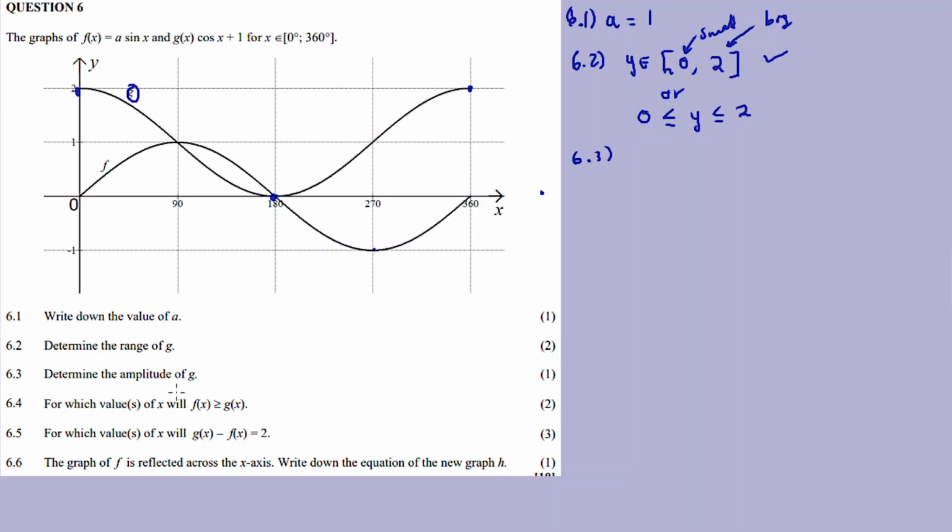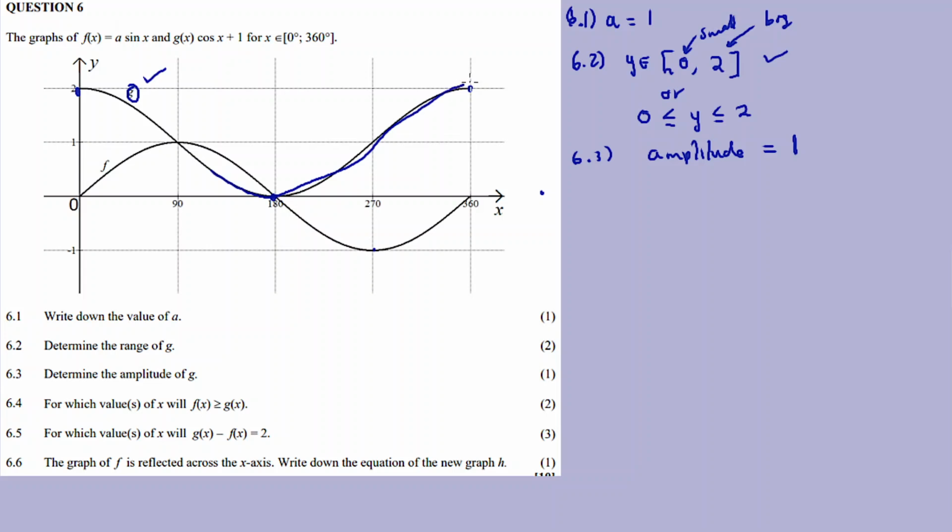6.3, determine the amplitude of g. The amplitude of g is equal to 1, and it's always a positive value. It's actually the distance from the axis of the function. Here is g, this is g.